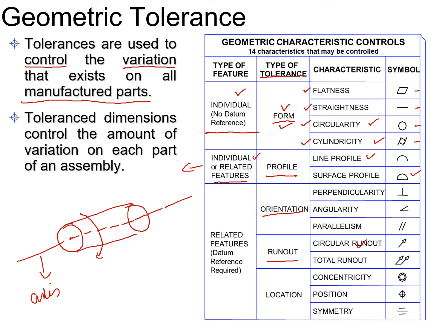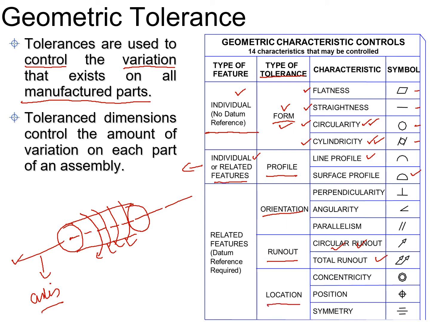When the reference for cylindricity is the axis, then it is called the total runout. So one is circularity, and when we take this axis as a reference, it will be called the circular runout. But the other is cylindricity, and if for cylindricity we take this axis as a reference, then it will be called the total runout.